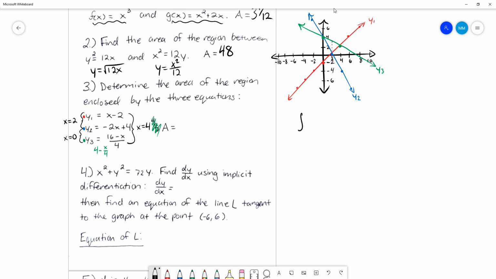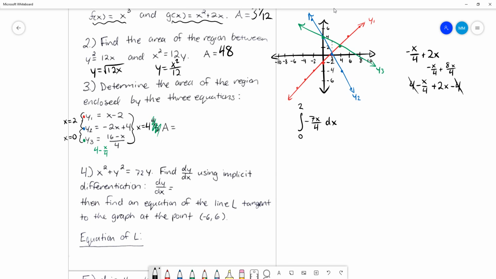So it's going to be from, let's see, from 0 to 2. It's going to be y3 minus y2. So it's going to be 4 minus x over 4 minus -2x plus 4, which cancels out those. And I can combine x over 4 and positive 2x, so it's going to be -7x over 4.